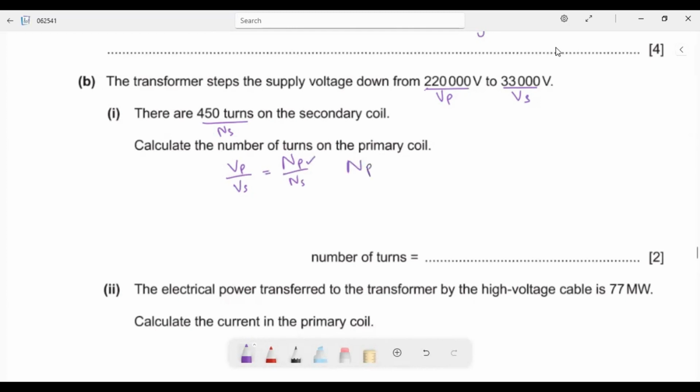So Np can be written as Vp into Ns by Vs. So voltage in primary is 2,20,000, into number of turns in secondary, that is 450, by voltage in secondary, 33,000.